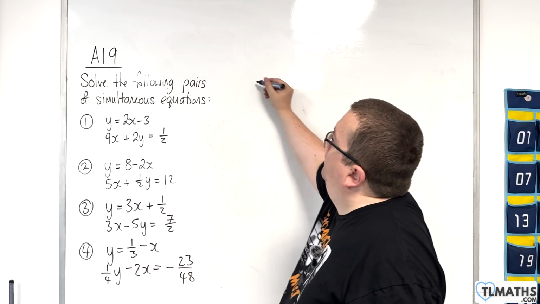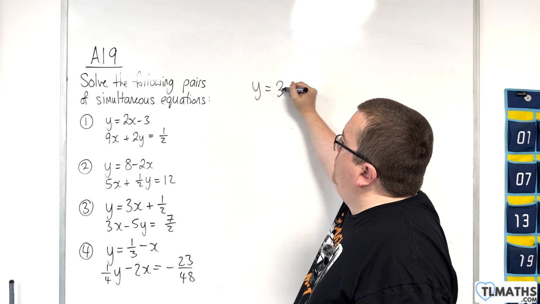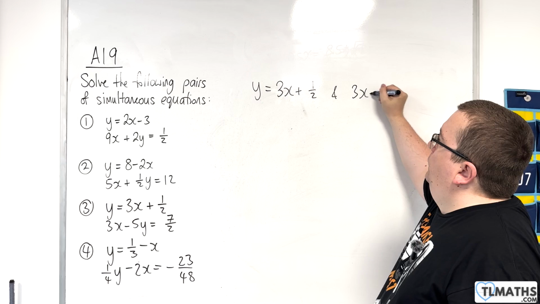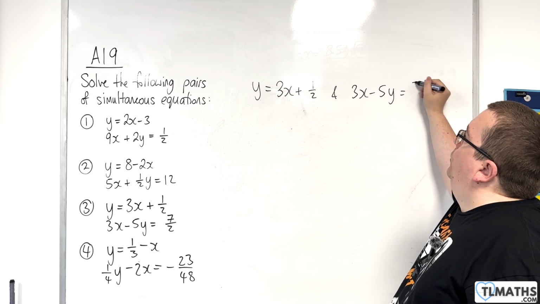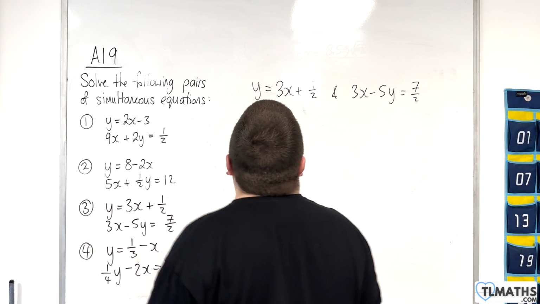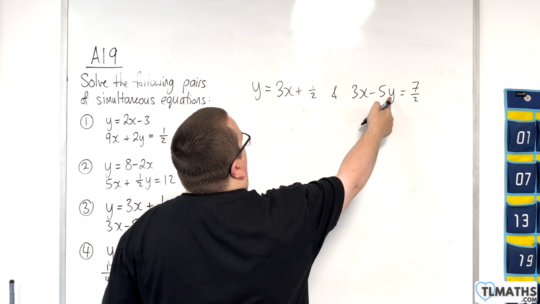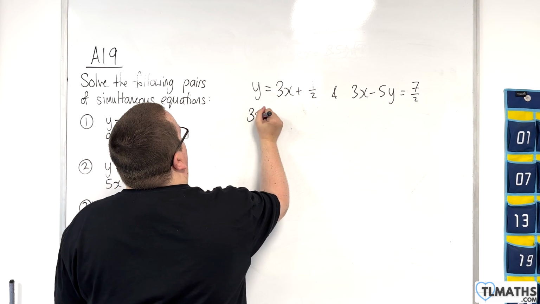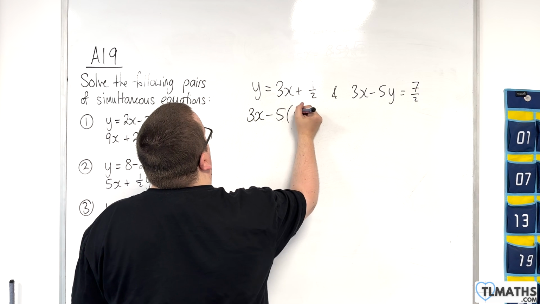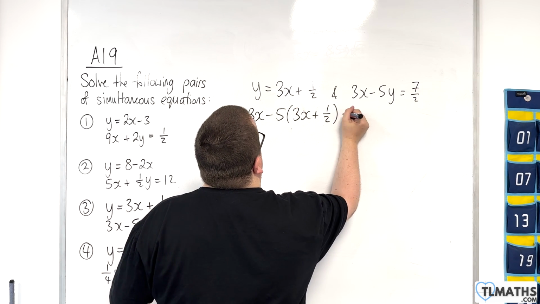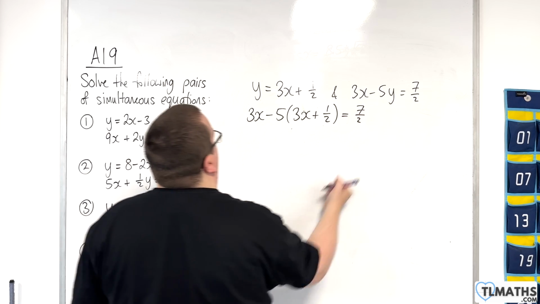Okay, number 3. y is equal to 3x plus 1/2, and 3x take away 5y is equal to 7/2. Okay, so we're going to substitute 3x plus 1/2 in there. So we'll get 3x take away 5 lots of open bracket, 3x plus 1/2, close bracket, is equal to 7/2.